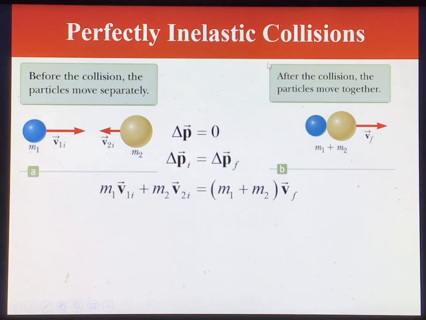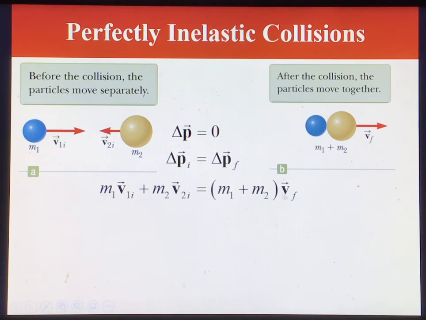Again, if this is an isolated system with no external forces acting on it, I could say that the change in the momentum is equal to 0. So it means that the initial momentum Pi is equal to the final momentum P final. I can write this equation as M1 V1I plus M2 V2I is equal to (M1 plus M2) V final. This is just one equation that would let me calculate my V final.